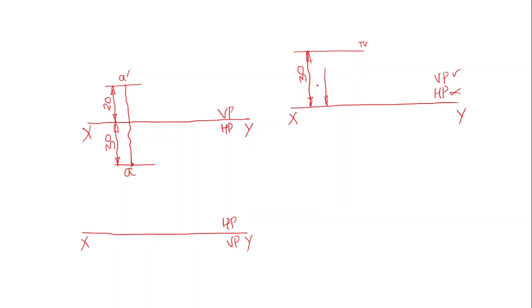We mark 20 mm like this and mark this locus as front view. Then we select a convenient point and mark it as A. Then project it and find that front view A dash like this.